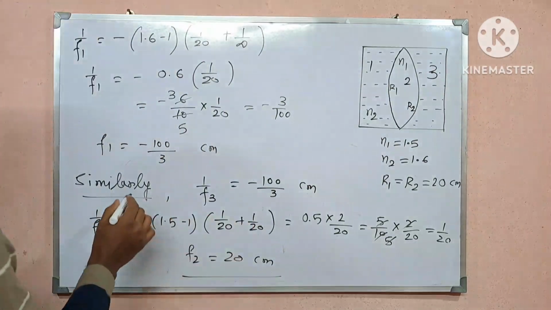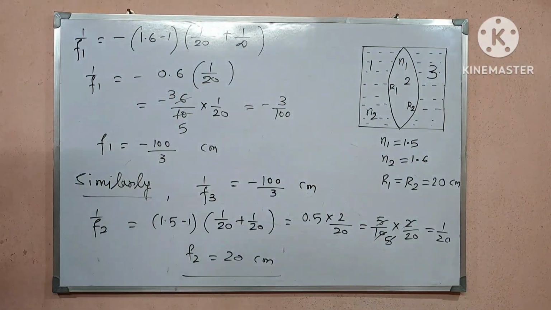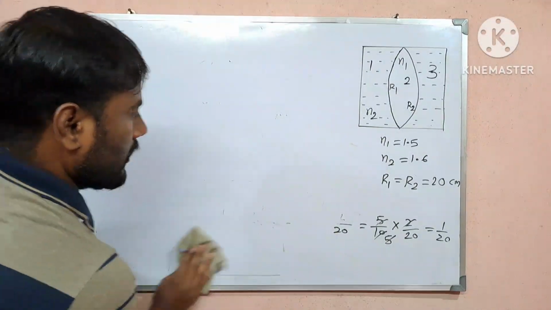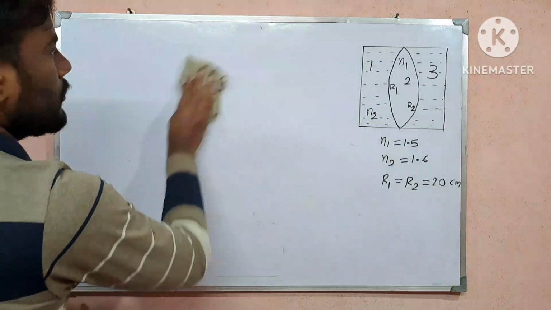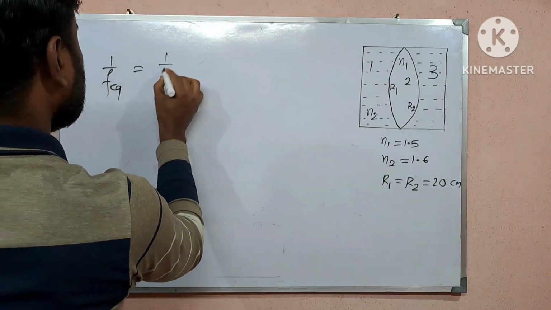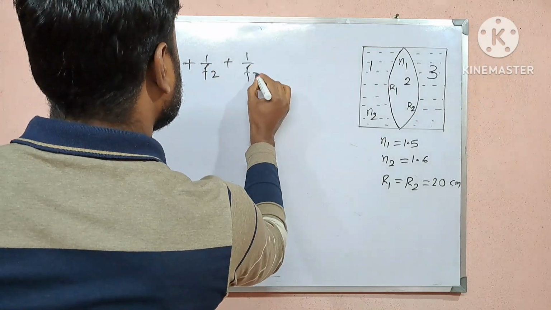So now we know the values of focal length of these lenses. Now we just have to use the formula for finding equivalent focal length. So 1 by f equivalent equal to 1 by f1 plus 1 by f2 plus 1 by f3.